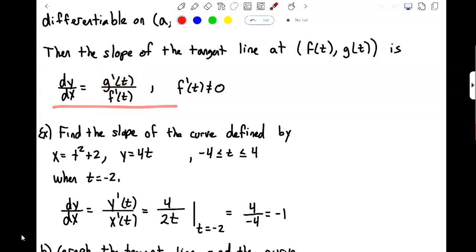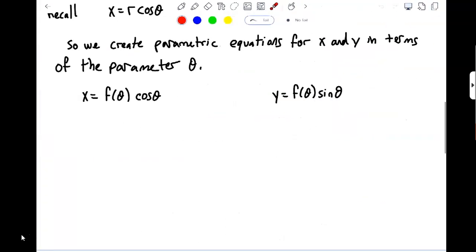That's how we find the slope of the tangent line at the point f of t, g of t: we take g prime of t over f prime of t. Except now, instead of t, we're dealing with theta as our parameter. So the exact same idea applies here. We just need to take the derivative of y over the derivative of x.